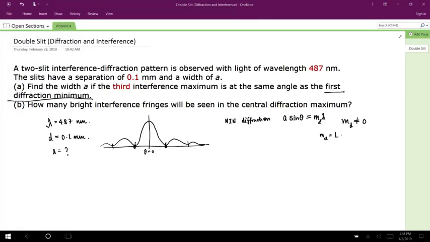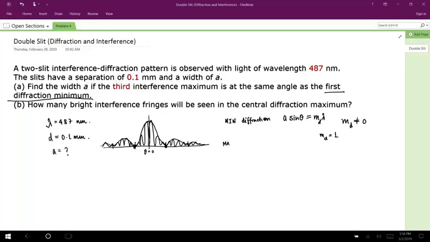Okay, what about interference patterns? When diffraction and interference are formed together, usually the interference pattern is enclosed by this diffraction pattern. So it goes like this on both sides. It's symmetrical on both sides. And what it says is find the width A if the third interference maximum is at the same angle. So let's go to our interference formulas.